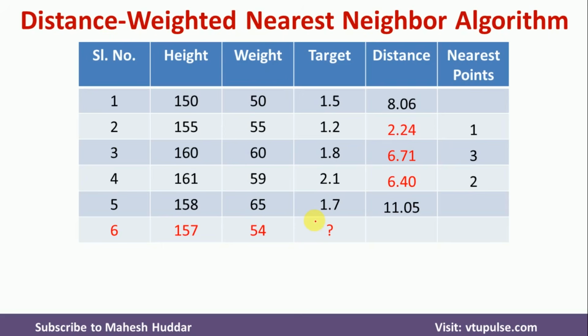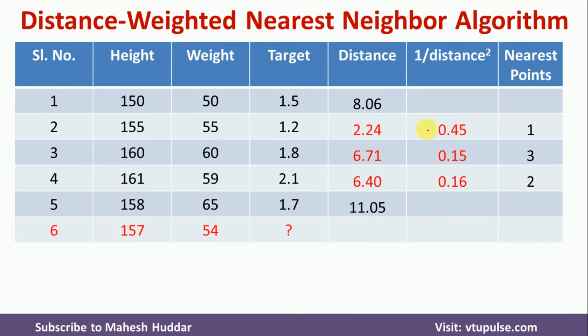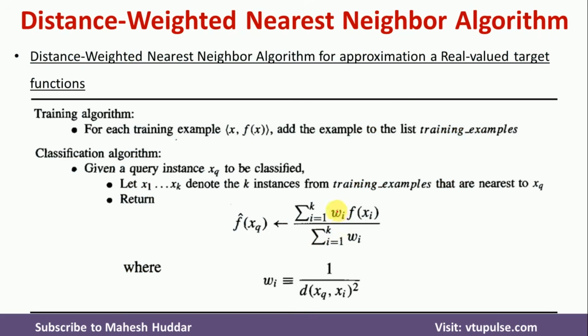So again, I will take the same example here. I have calculated the distance, and this is how I have calculated the 1 divided by square of distance. I have already done it in the previous slide. Now we will take that particular equation into consideration, and then we will try to find out the value for the new instance, that is f of xq is equivalent to, I will show you the equation once again, summation of wi f of xi divided by summation of wi here.